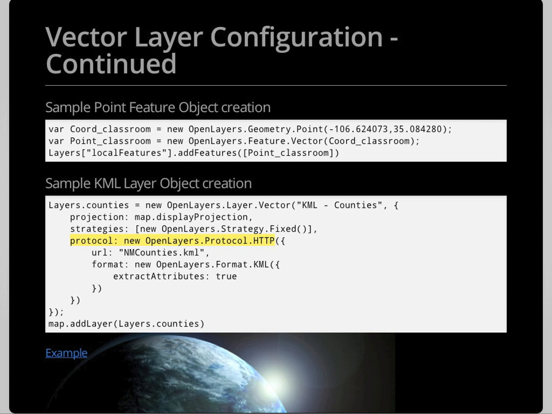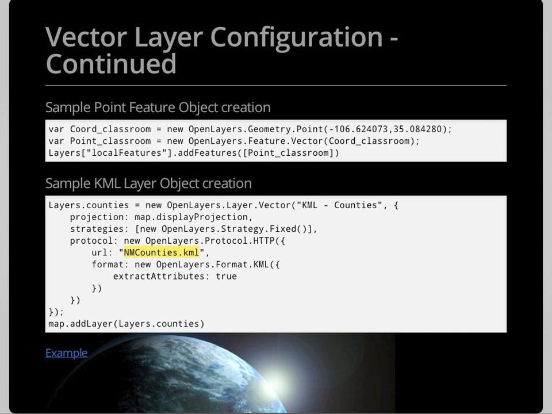Within the protocol, in this case for HTTP, we're defining the URL, essentially the relative or absolute location of the file on the internet. In this case, this KML file is located in the same directory as the web page that contains this JavaScript, so no other path information is required.